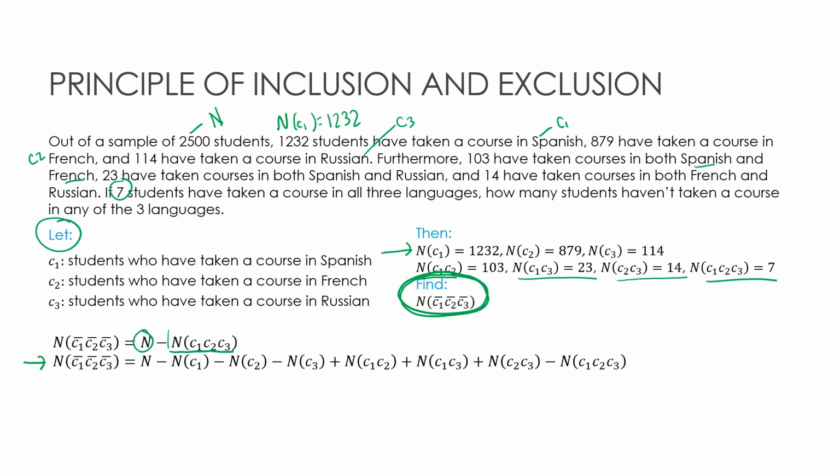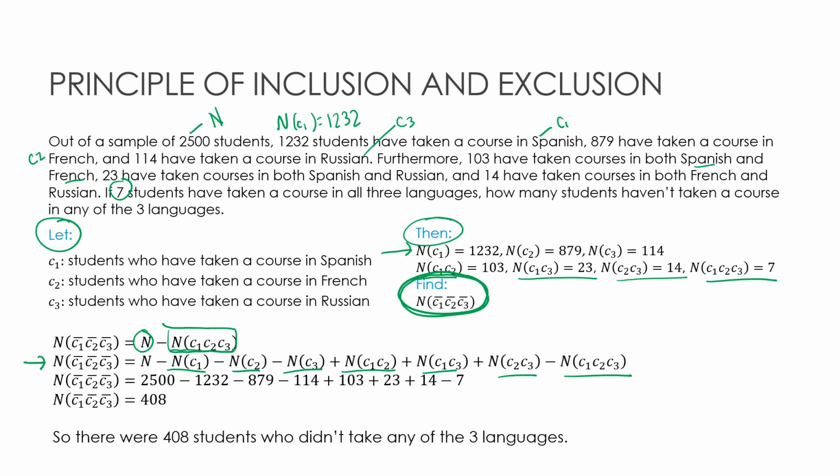But remember that all of this turned into subtracting anything that's in one set, adding anything that's in two sets, subtracting anything that's in three sets, and continuing that pattern. So now all I have to do is plug in the numbers from here. I've got 2,500 minus 1,232 minus 879 minus 114. I'm adding 103, adding 23, adding 14, subtracting 7. Who's left over? 408 students who didn't take any of the languages.